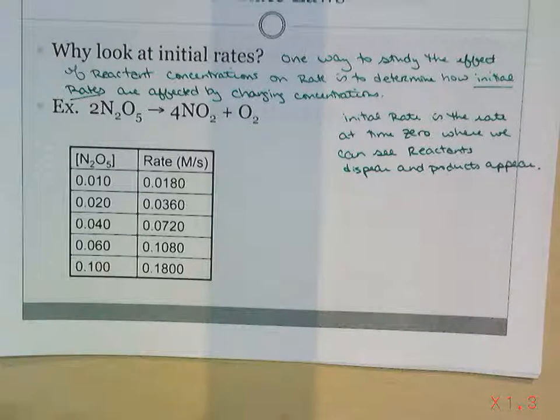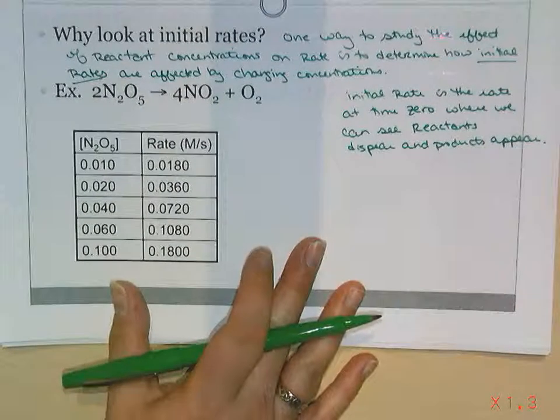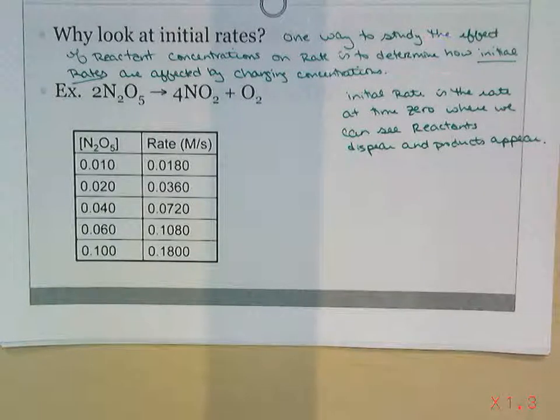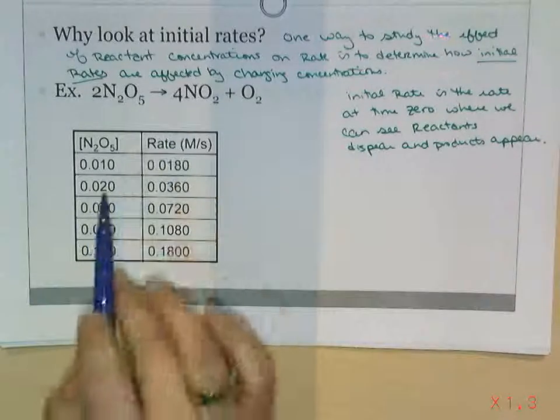So let's look at this reaction up here. Right, so now I have 2 moles of N2O5 producing 4 moles of nitrogen dioxide and 1 mole of oxygen. Right?